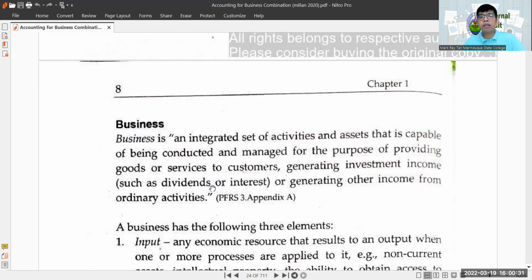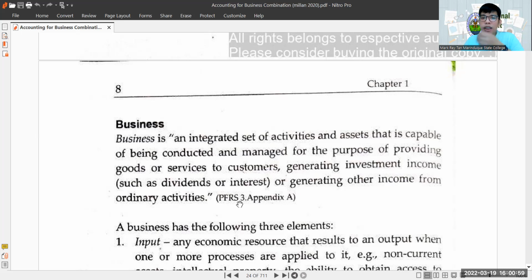So, ang gusto ko lang sabihin dito, for the transaction to be recorded as a business combination para mag-qualify siya sa PFRS 3, dapat yung binili is able to generate income, investment income, or other income from ordinary activities.